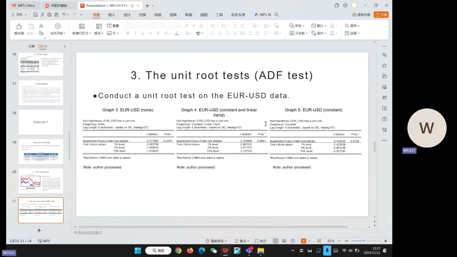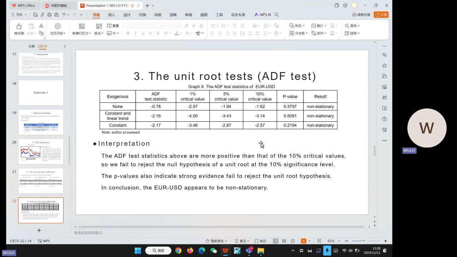So we need to do the ADF test to check that. First, conduct a unit root test on the EUR-USD data. The three pictures are from EViews. The results of the ADF test are shown in graph 6.